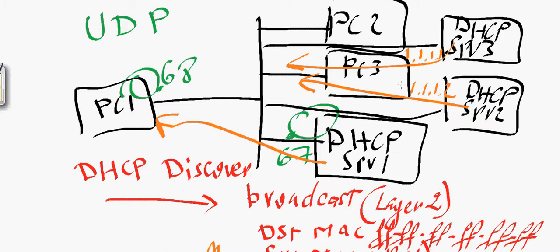Since they understand that their offered IP address has not been chosen by the DHCP client, they will simply send the IP address back to the pool of IP addresses to be assigned to other DHCP clients in the future. So this is just a way to inform other possible DHCP servers, if more than one exists on the network, that their IP address has not been retained, has not been chosen by the PC.